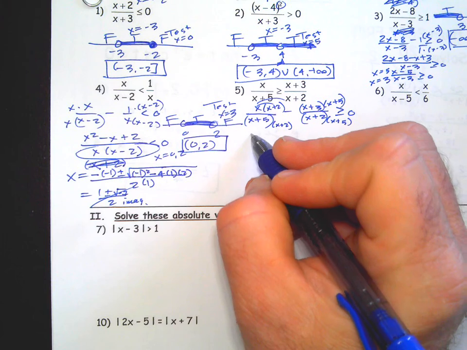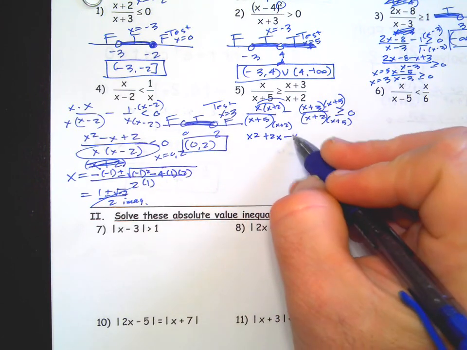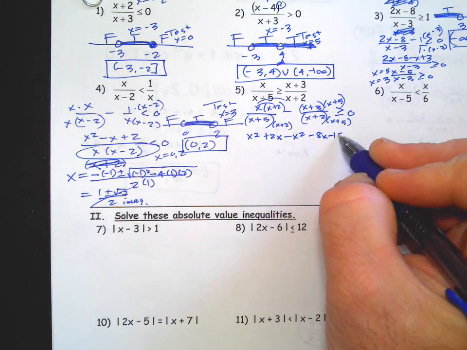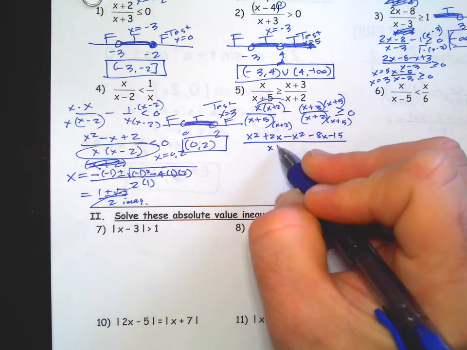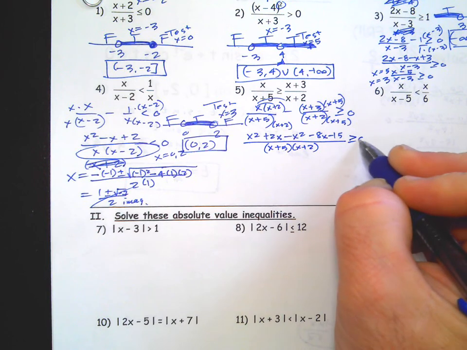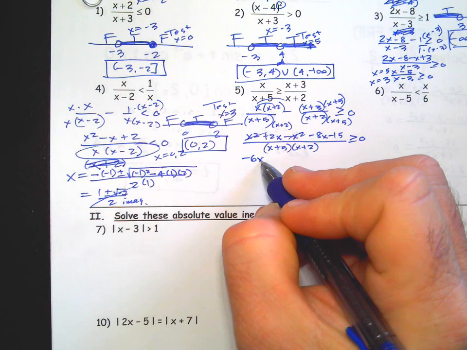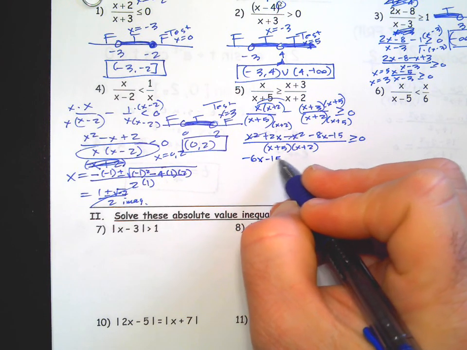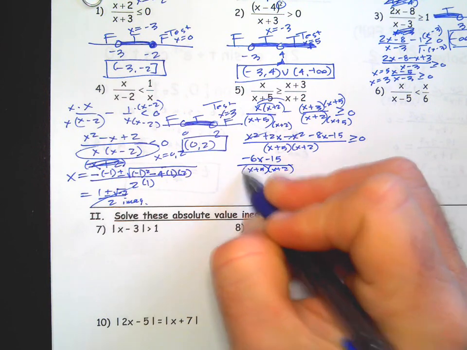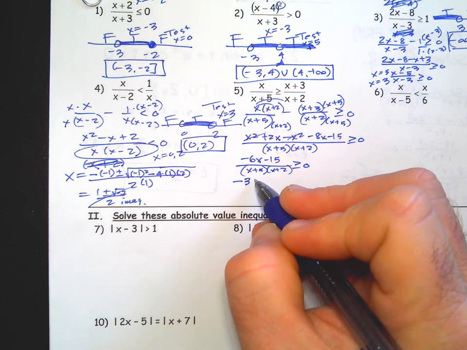So we're gonna get x squared plus 2x minus x squared, and then you have 8x minus 8x, and you have 15 minus 15. And so the x squareds cancel, so we have negative 6x minus 15, combine like terms. Then we can factor negative 3 out if you want.